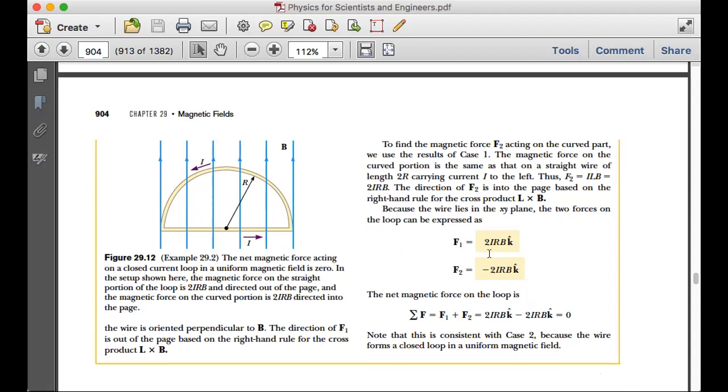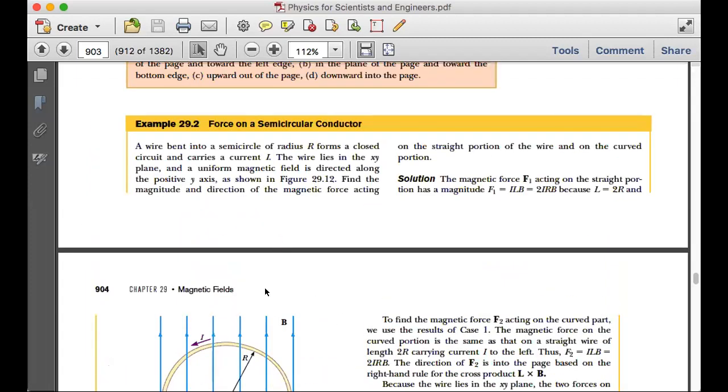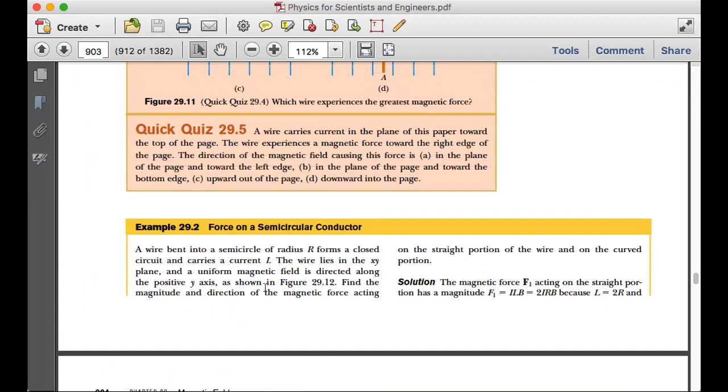Okay, but the magnetic moment, we call it, is non-zero. What is the magnetic moment? It is the current times the area of this semicircle wire.